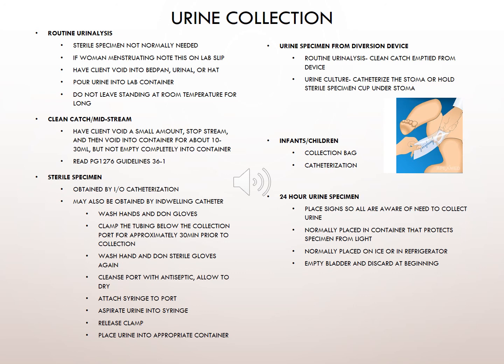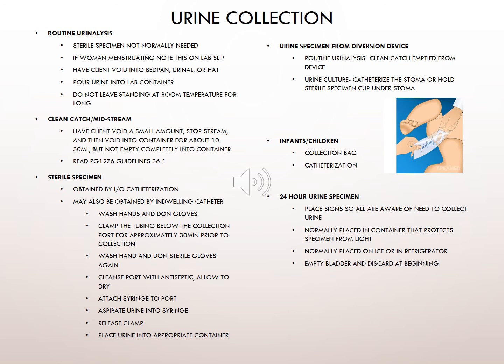You would have the patient void a small amount, stop midstream, and then void into the container. For that test, we need about 10 to 30 mLs. And I believe there are some guidelines for that. I have it here, 36-1, on how to obtain that.